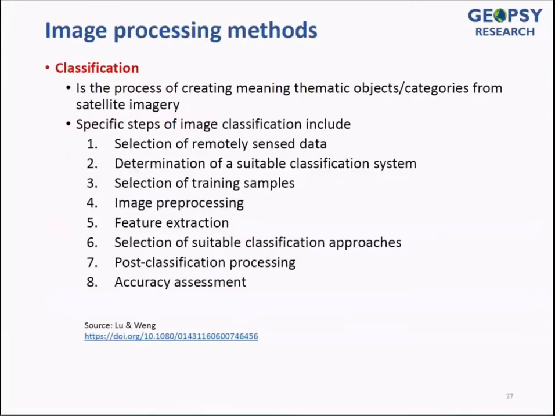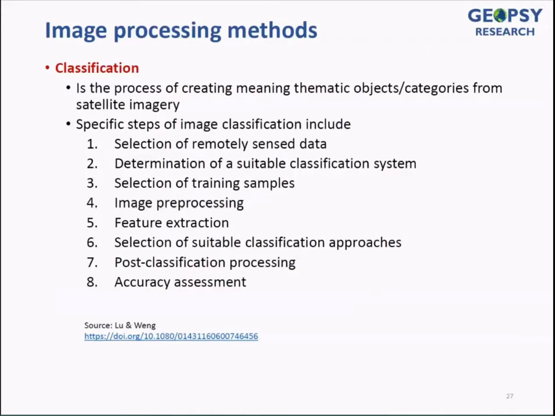Then we go to feature extraction. Here I want to explain it from a point where a single remote sensing image can have many different layers based on how the electromagnetic spectrum is subdivided. Assuming I have one image that has a red band, a green band, and a blue band.